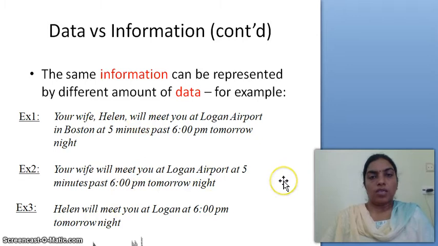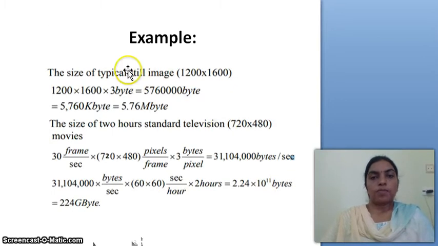Okay, now see this example. When I take one still image, that size is 1200 by 1600. M by N means M is 1200, N is 1600. 1200 by 1600 by 3 bytes. So why this 3 bytes? This is an RGB image.